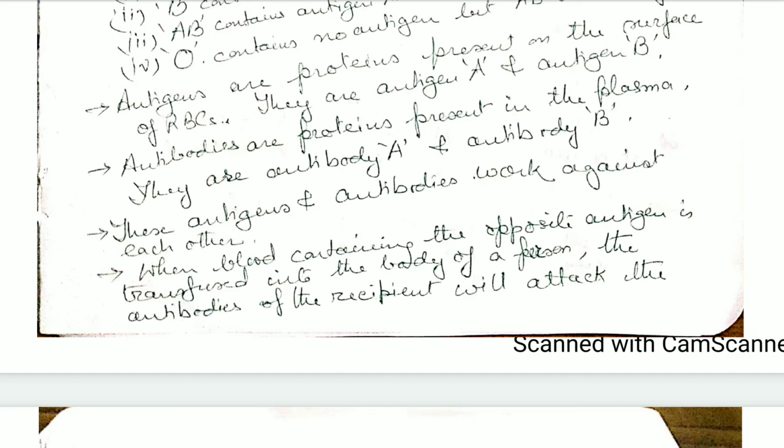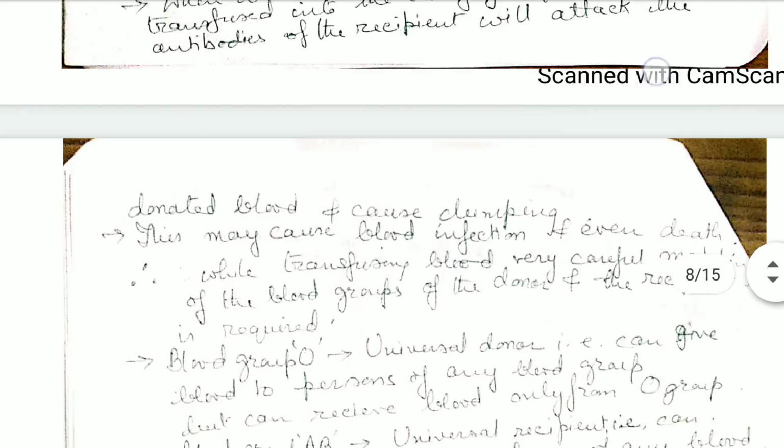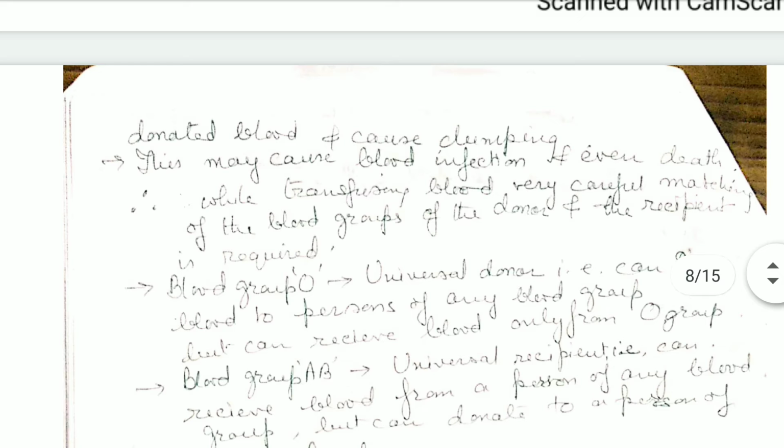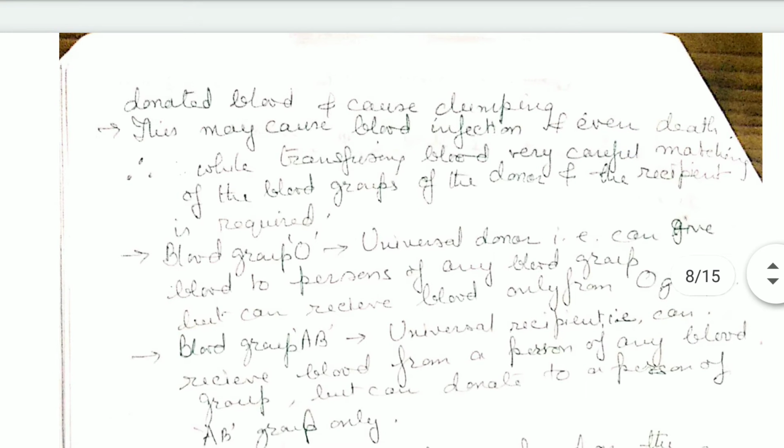When blood containing the opposite antigen is transfused into the body of a person, the antibodies of the recipient will attack the donated blood and cause clumping, or you can say clotting. This may cause blood infection and even death. Therefore, while transfusing blood, we must be very careful in matching the blood groups of the donor and the recipient.